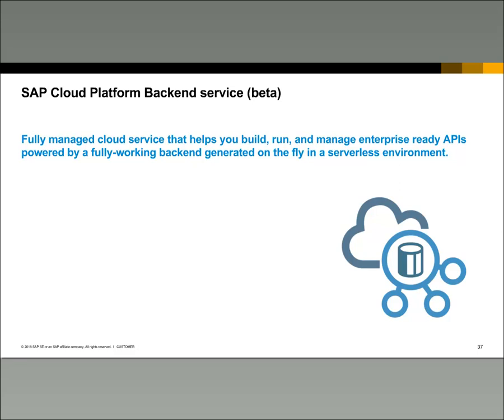With Backend service, all you have to do is just describe what kind of an API you want in terms of the fields, what type of the fields, data types, and so on. You can describe it in a manner which is comfortable to you, meaning you can use Swagger or OpenAPI type of description. You can use the OData EDMX way of describing or modeling your API, or you can use the HANA CDS modeling.